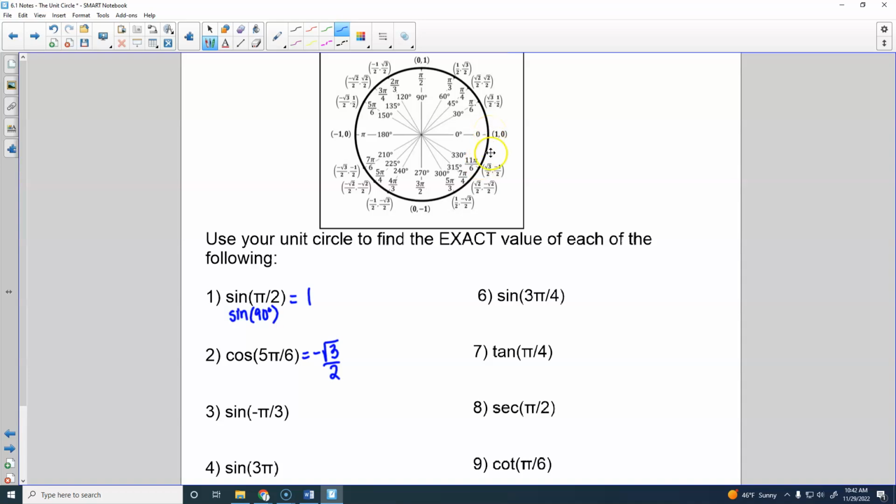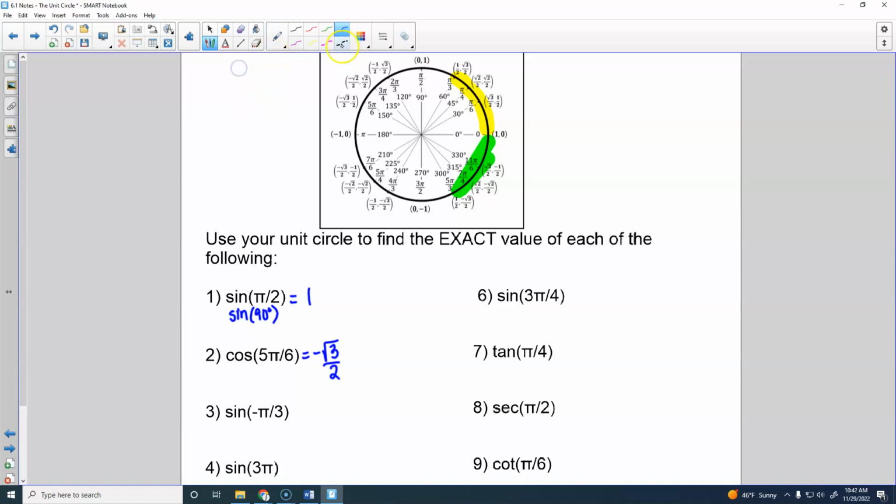If we go clockwise instead, it's going to be negative values. So this distance right here is the distance of pi over 3. When we have negative pi over 3, it's that same distance, but in the opposite direction.